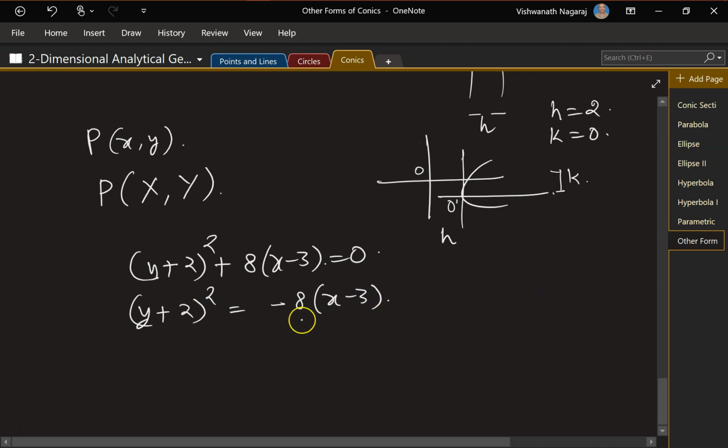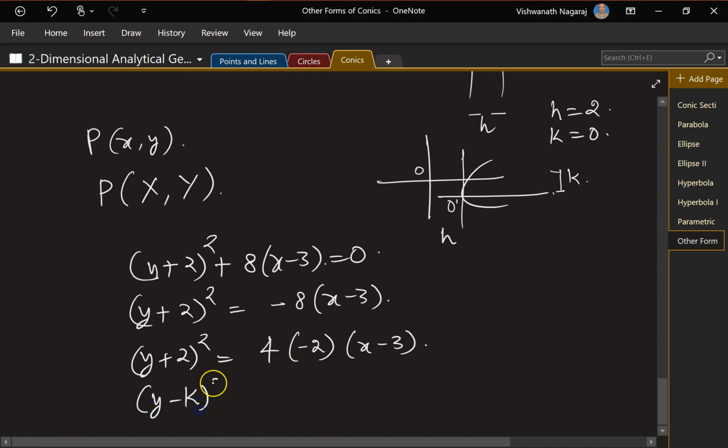Now put it in 4ax form. So y plus 2 square is equal to 4, now to get minus 8, we have to multiply it by minus 2, and x minus 3. So this is in which form? Now this is in the form of y minus k square is equal to 4a x minus h.